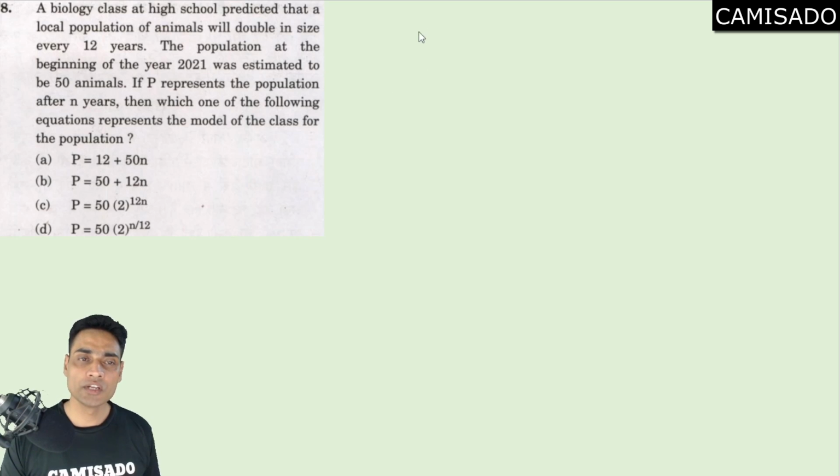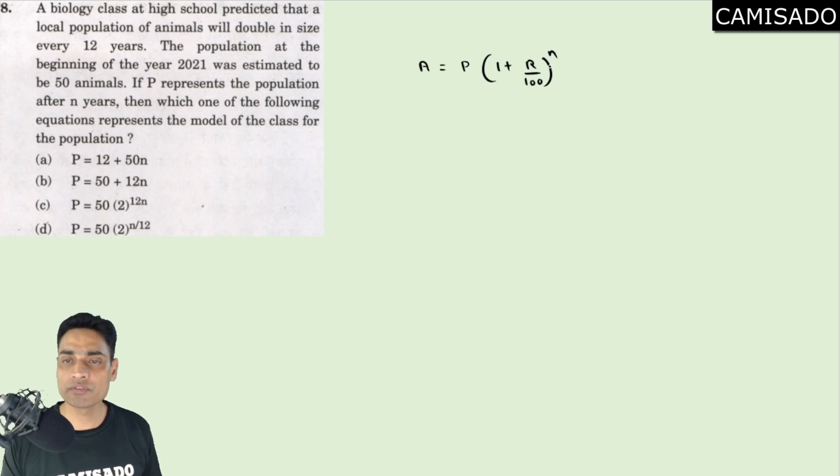So if you remember the formula for compound interest, where amount becomes equal to P(1 + R/100) raised to power n. I will again tell you one thing, where n is the number of years, R is the rate of interest, P is the principal, and A is the amount.